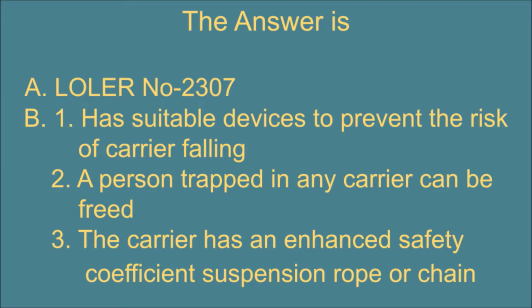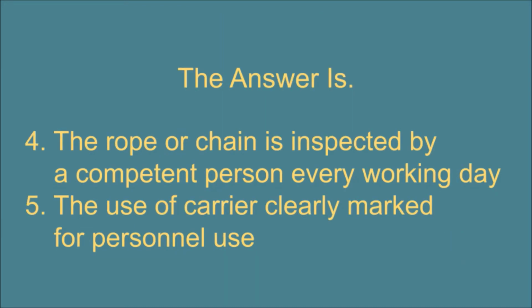A person trapped in any carrier can be freed. 3. The carrier has an enhanced safety coefficient suspension rope or chain. 4. The rope or chain is inspected by a competent person every working day. 5. The use of carrier clearly marked for personnel use.